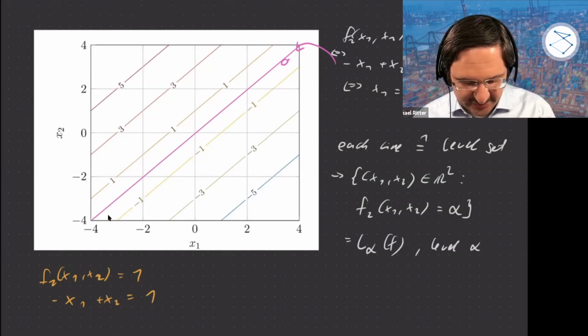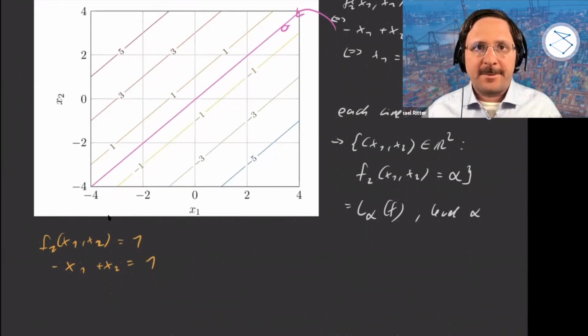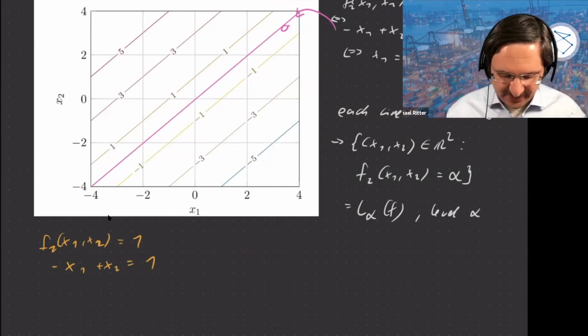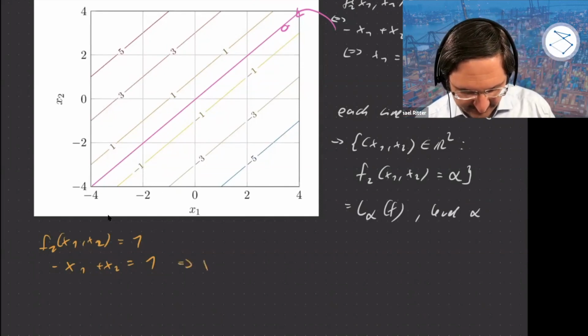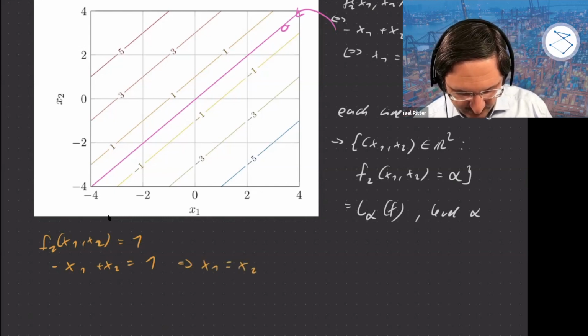So in other words, we again have a system of linear equations, one equation with two variables that we can easily solve. So that would mean x1 is equal to x2 minus 1.